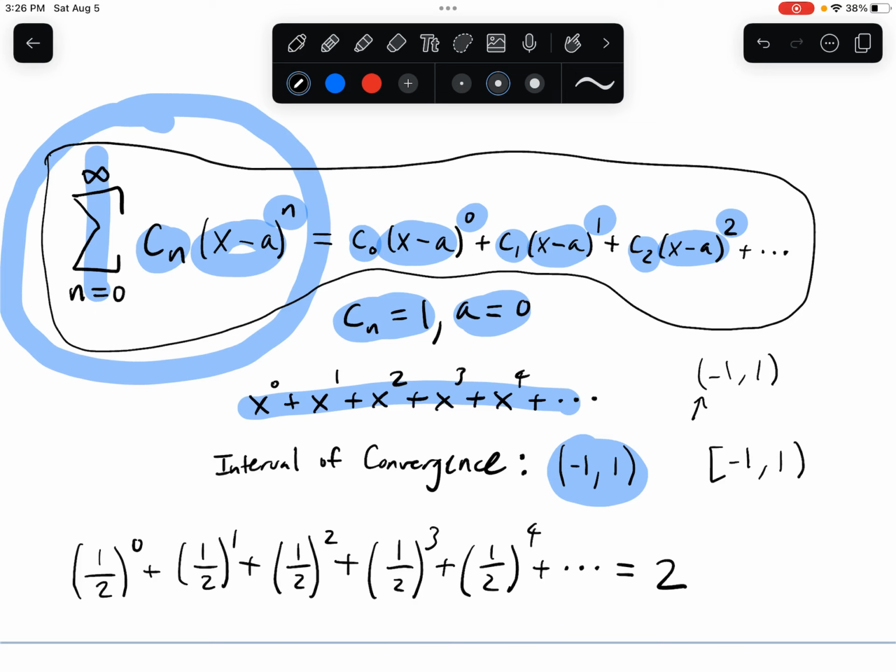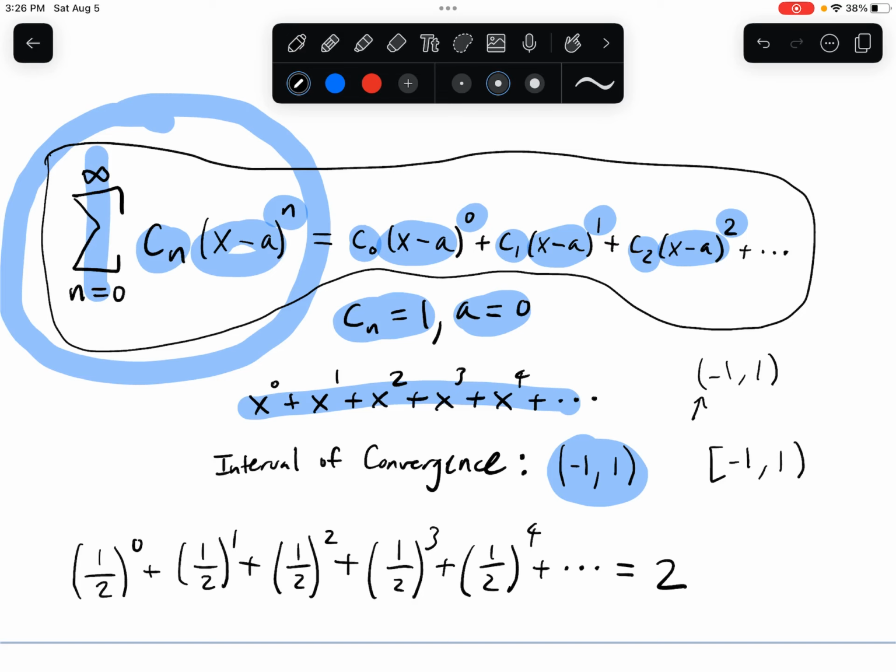Well, it's important to understand what converge means. Converge simply means that when you have a series, and when that series converges for a particular value, what that means is that as you add more and more terms to the series, that series approaches a particular value.